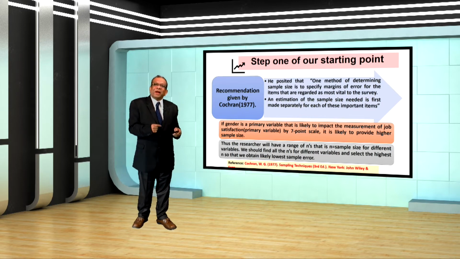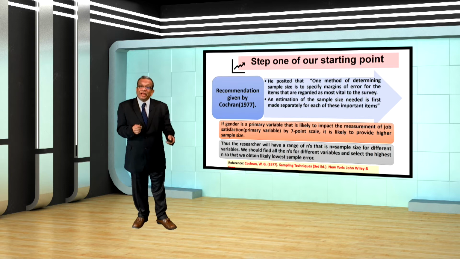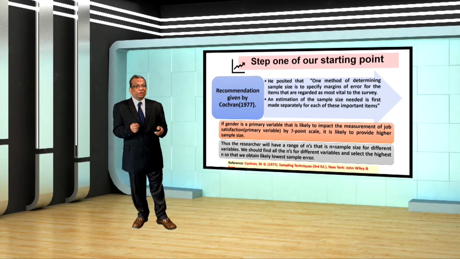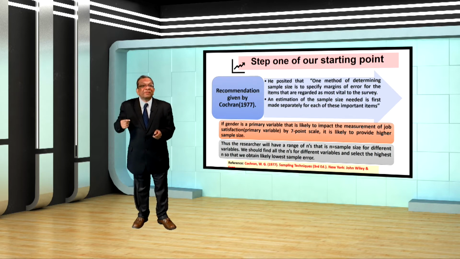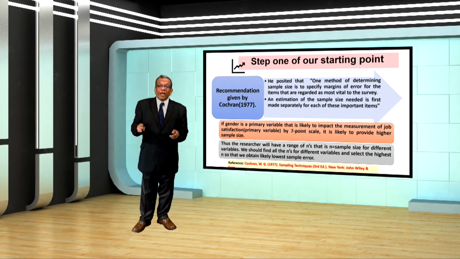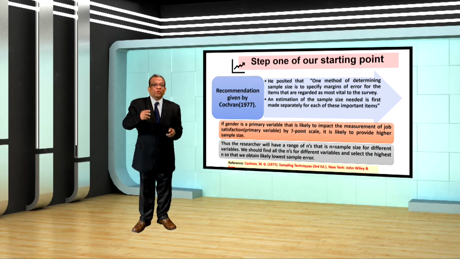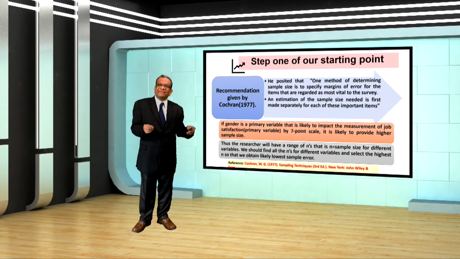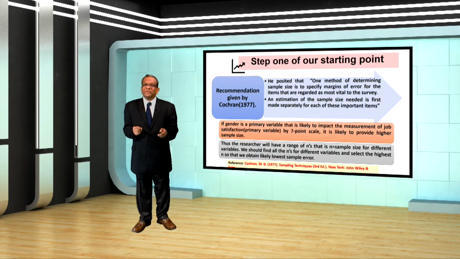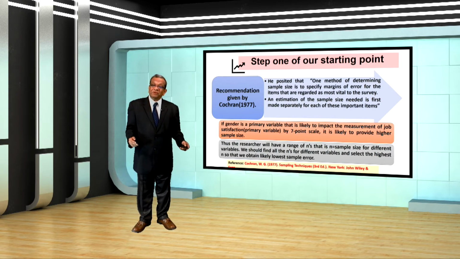If gender is a primary variable that is likely to impact the measurement of job satisfaction, which is measured by a 7-point scale, it is likely to provide a higher sample size. That means if you take only a dichotomous variable, you are likely to get a larger sample size. Thus, the researcher will have a range of n's, that is, the sample size for different variables.